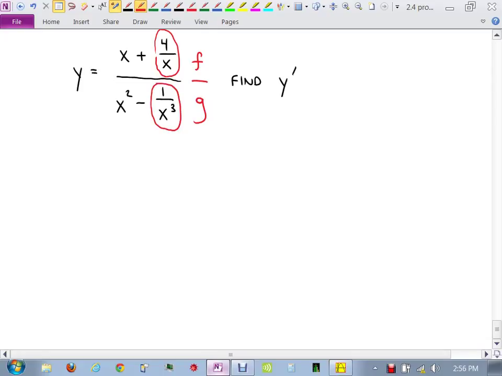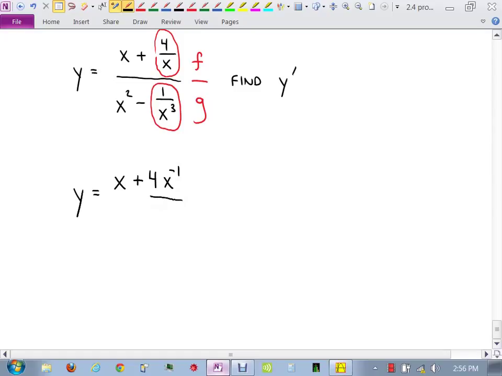Instead, how could you rewrite 4 over x and 1 over x cubed as something a little bit nicer? I mean, 4 over x is the same as what? 4 times 1 over x, but 1 over x is the same as x to the negative 1.